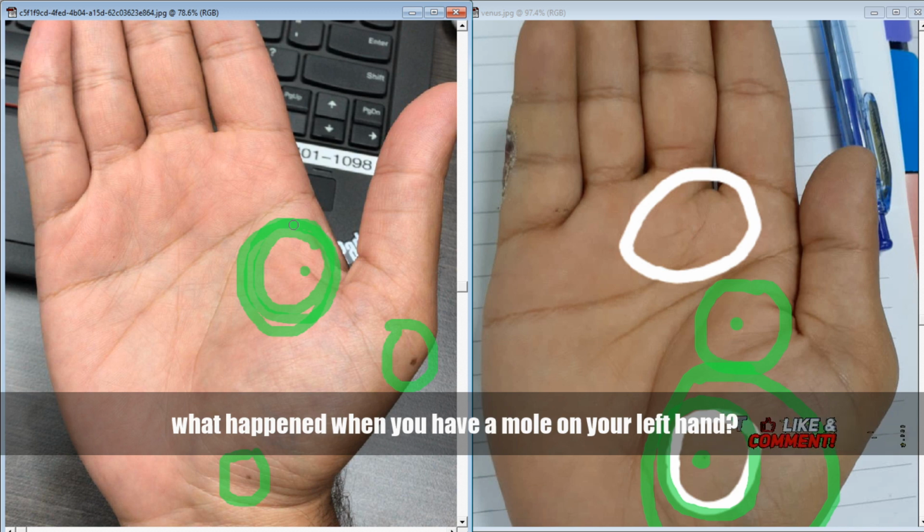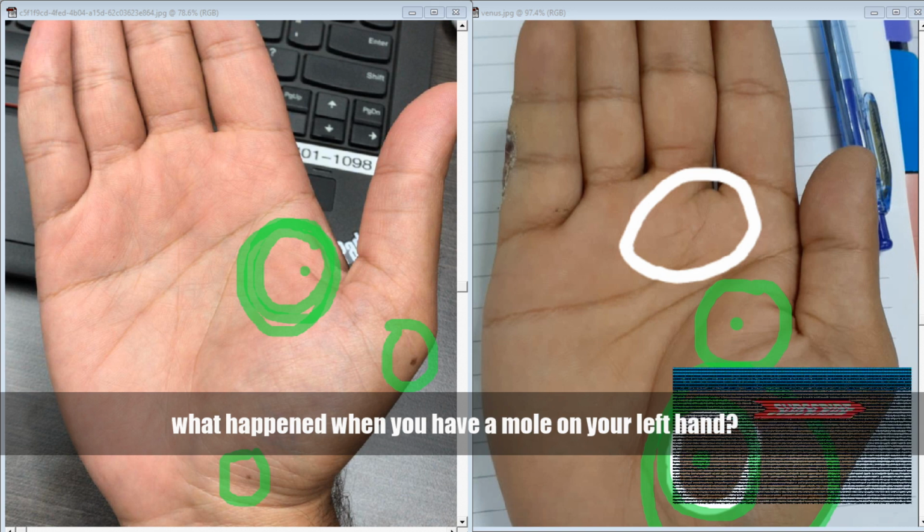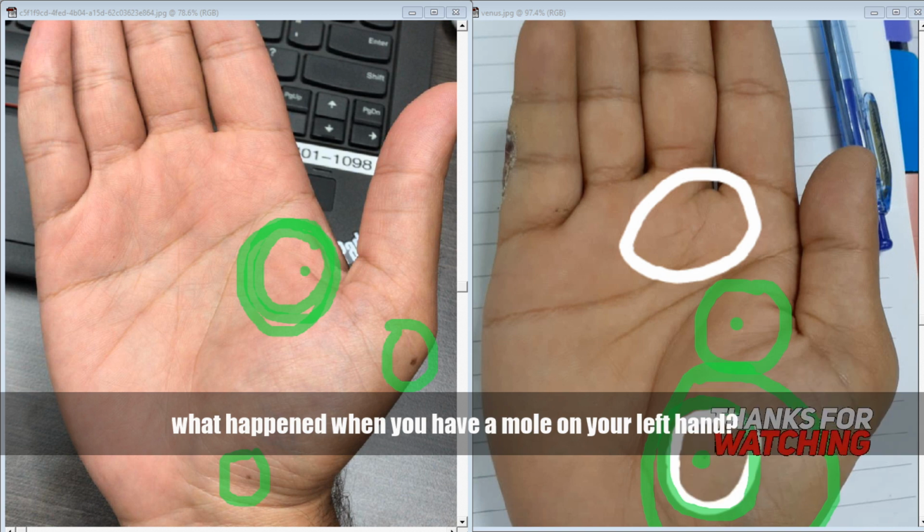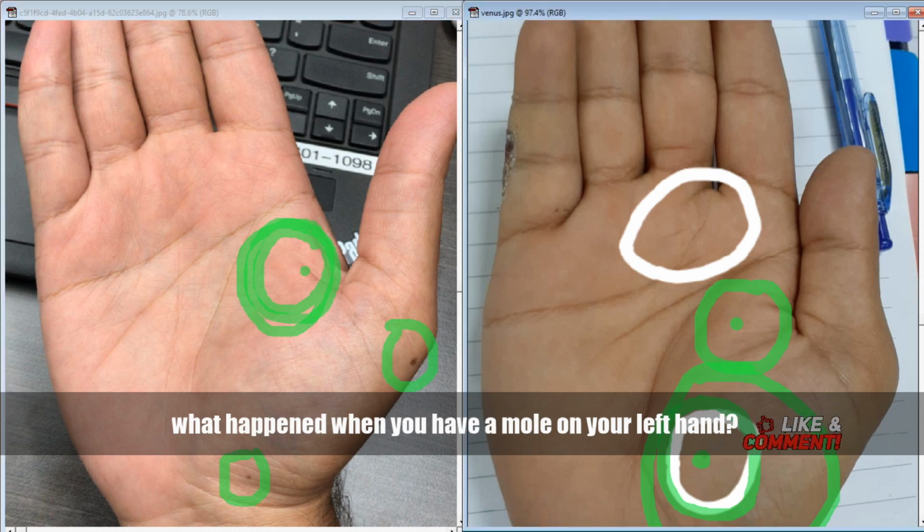So try to understand, left hand or right hand, it doesn't matter. Someone asked, what happens when you have a mole on the left hand? It is not which hand you have the mole on, it is where exactly on your hand the mole is placed. That matters more. Like in the case where the area is, let us assume, the mount of Venus.